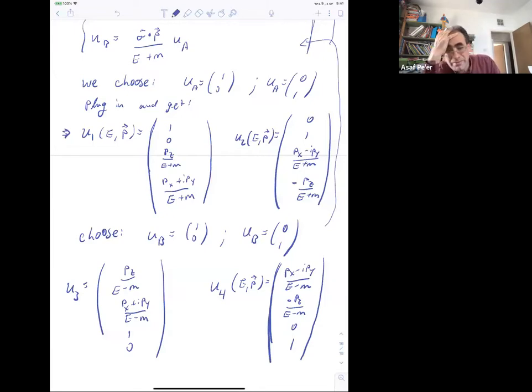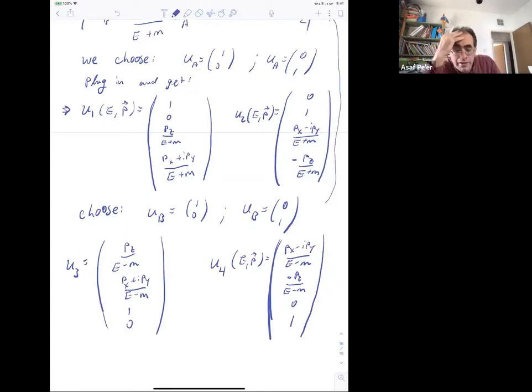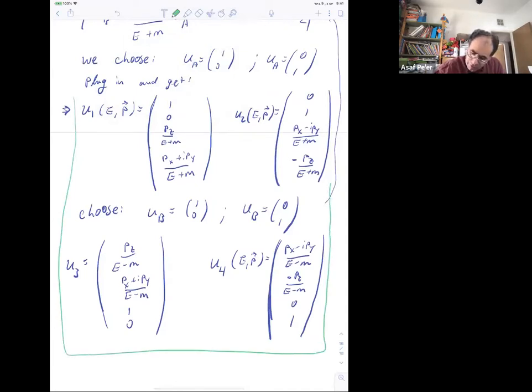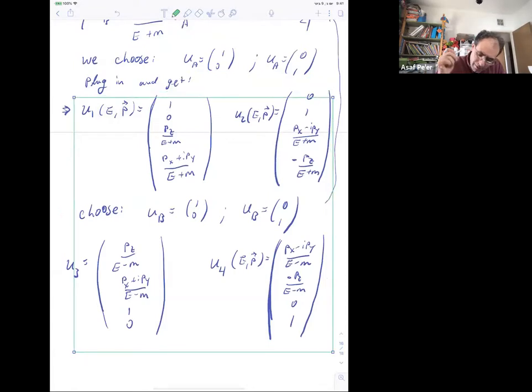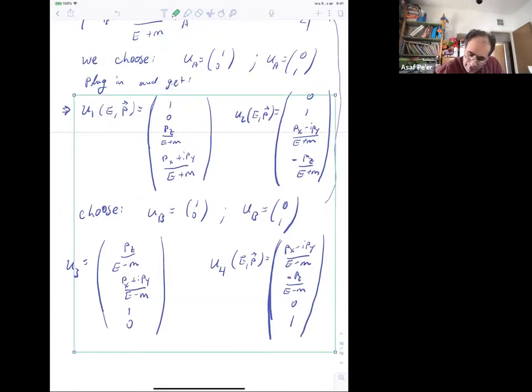So we got 4 independent solutions. Each one is a solution of the Dirac equation. That should be clear. I put it into the Dirac equation and let's see, aha, it does work. Very nice.